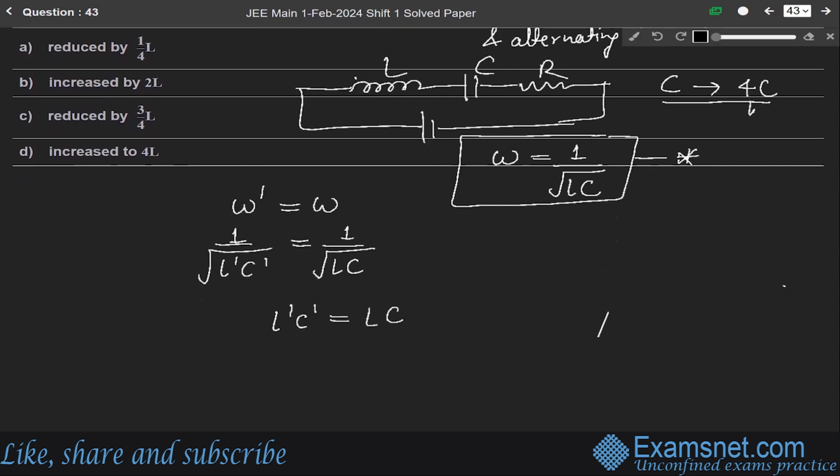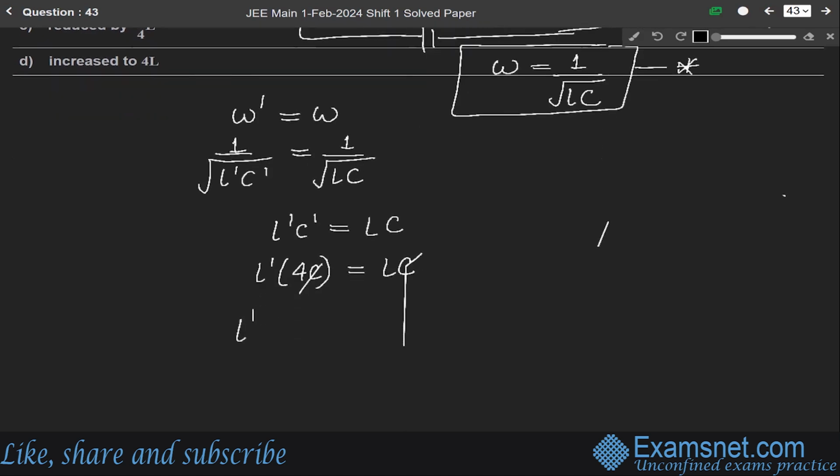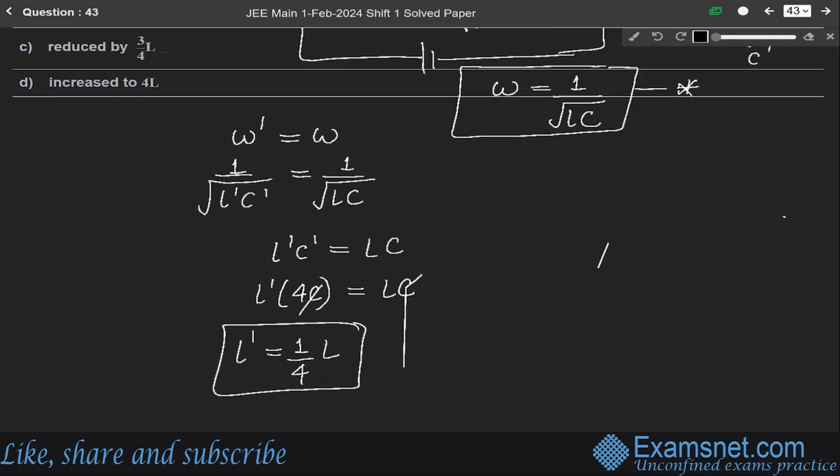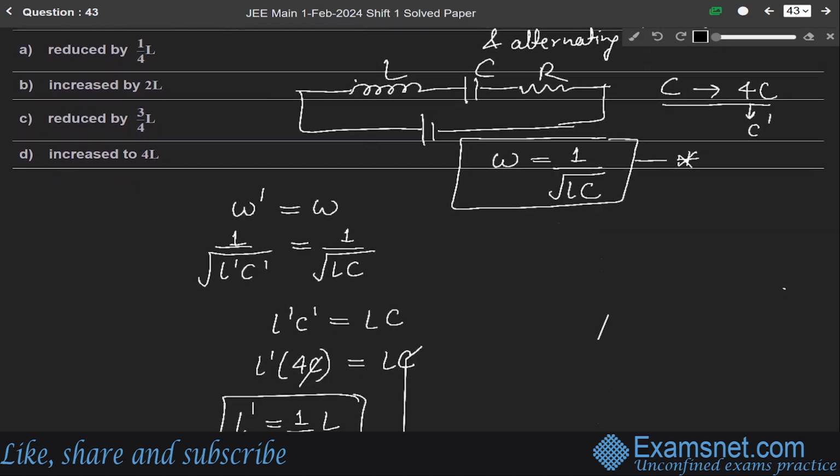Now C dash is 4C. So L dash into 4C equals L into C. This C cancels, so we get L dash is equal to 1 by 4 L. Now the question is saying that to keep the resonance frequency unchanged, there is no change in the frequency.